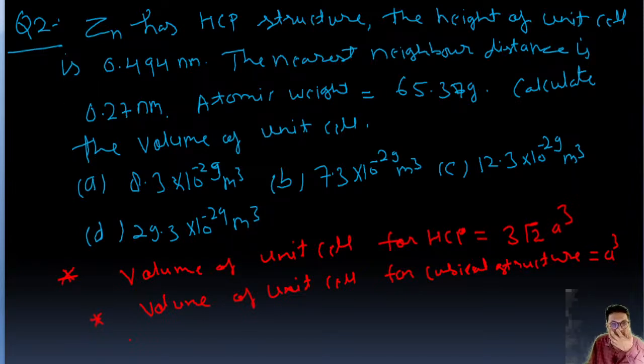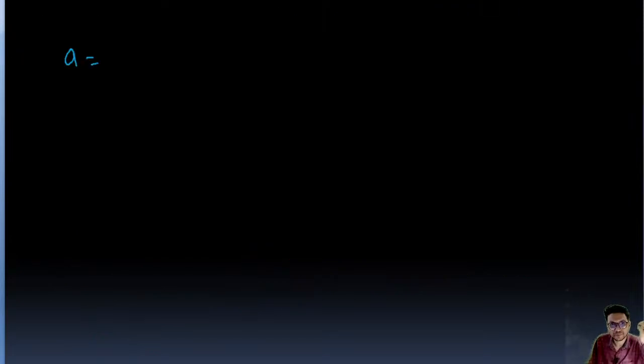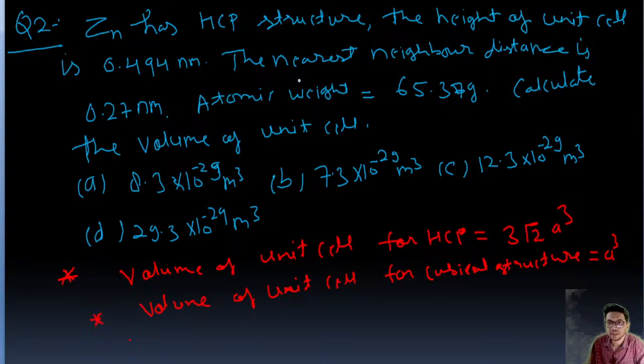We have been given that the nearest neighbor distance is this. Nearest neighbor distance means that is the lattice constant. a is given, that is 0.27 nanometer. You need to know nearest neighbor distance in SCP means the lattice constant a.